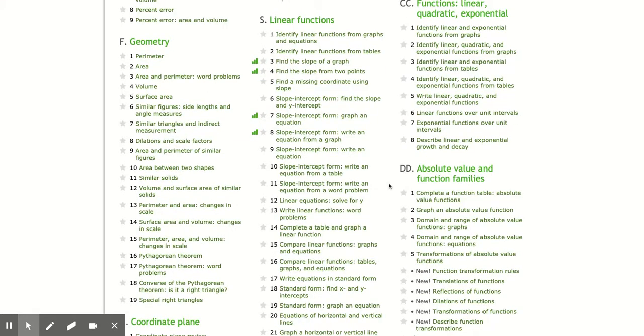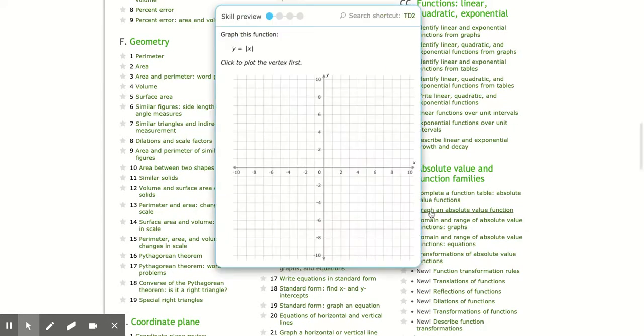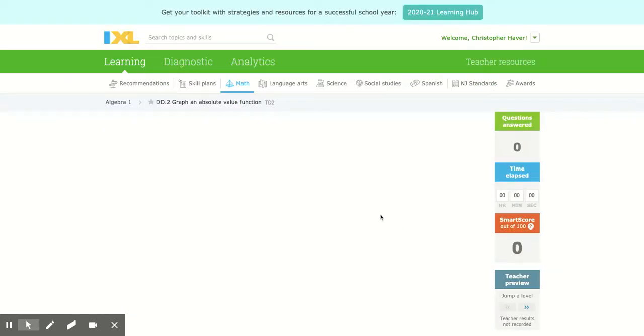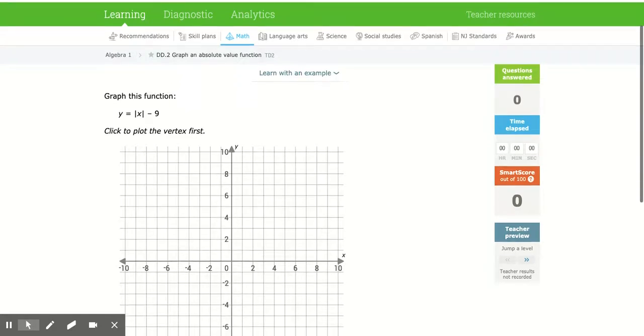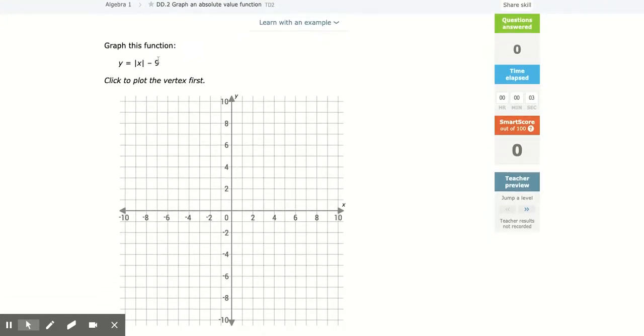All right, let's move on to the next one, which was DD.2, graph an absolute value function. So this is the absolute value of x minus 9. One way you can always think about graphing is to make a table, kind of like we did before.